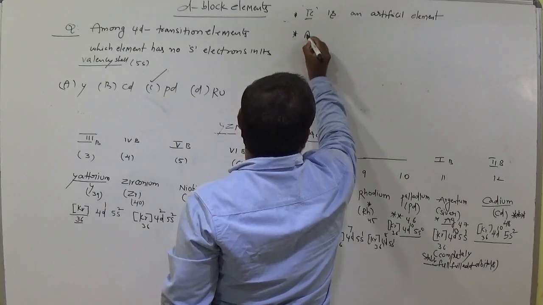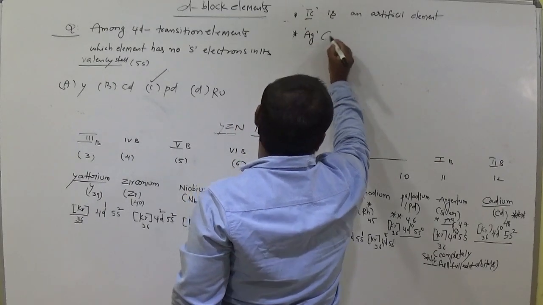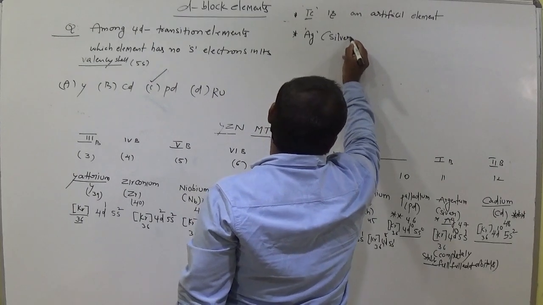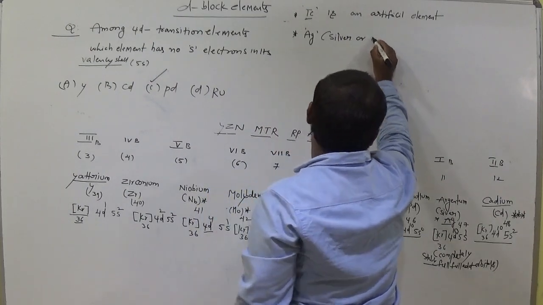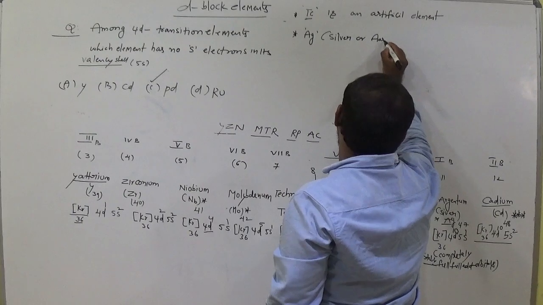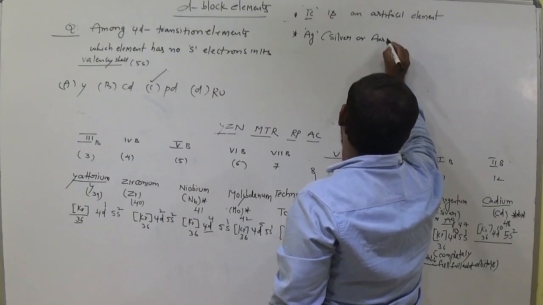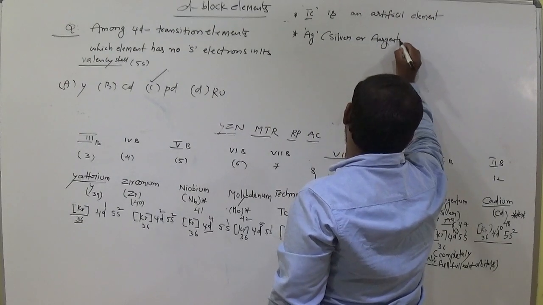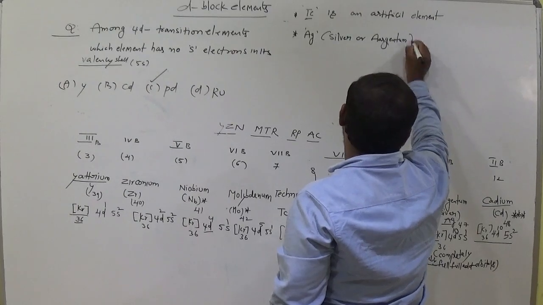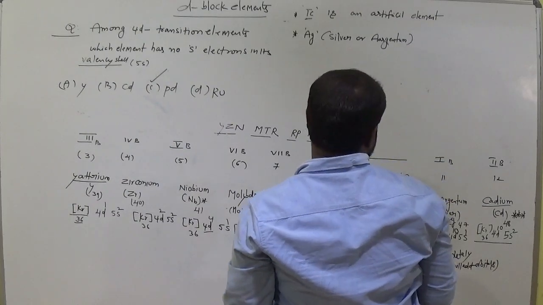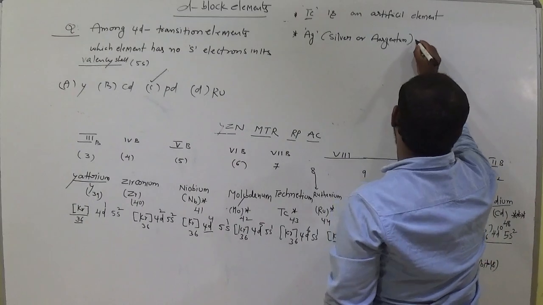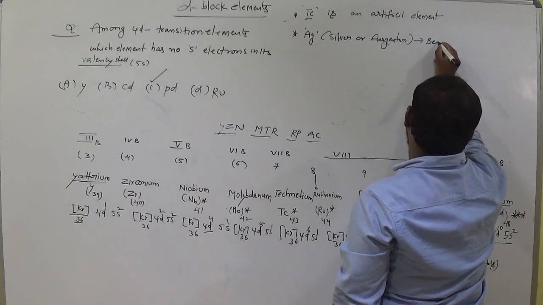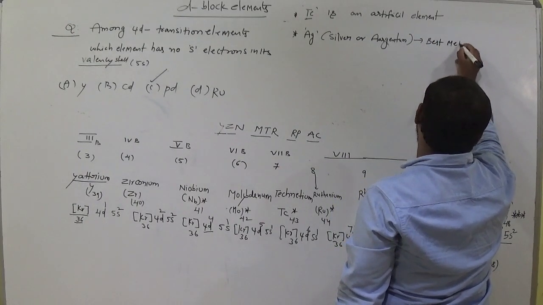And Ag, silver. What we call it is silver or argentum. This is the Latin name. Ag is the best metallic conductor.